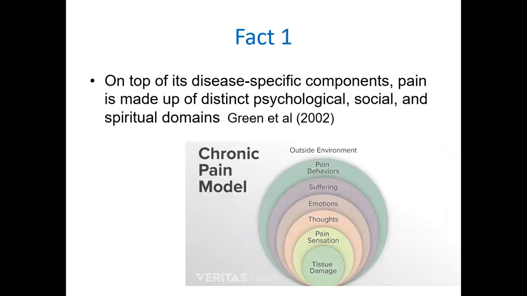It starts with tissue damage itself, or potential tissue damage. And as we said, on top of that, there'll be some emotional components. And this brings in thoughts. And the thoughts combined with emotions will make the patient now have psychological issues and questions about why they are suffering from this type of pain or this type of experience.